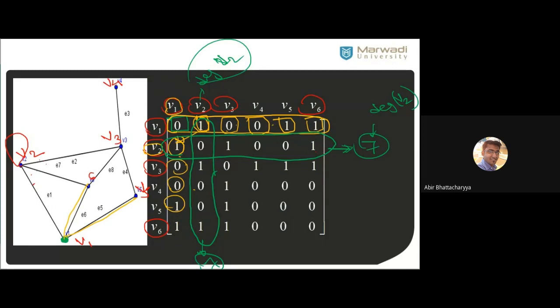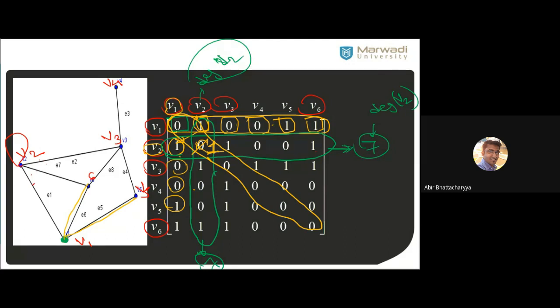Just try to remember what you will do here. You will make it 1, and once you calculate the degree, only for the diagonal entries you have to multiply by 2 times, because it is a self loop.